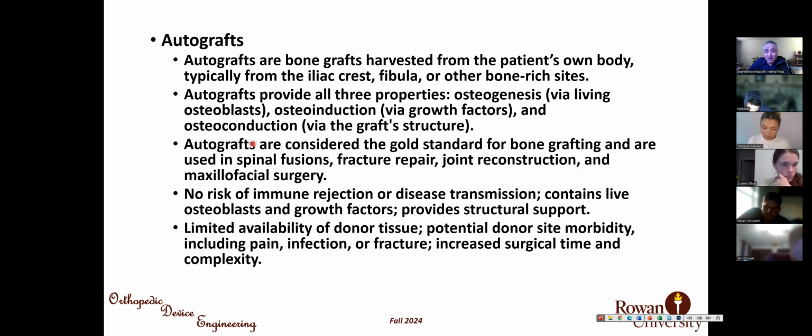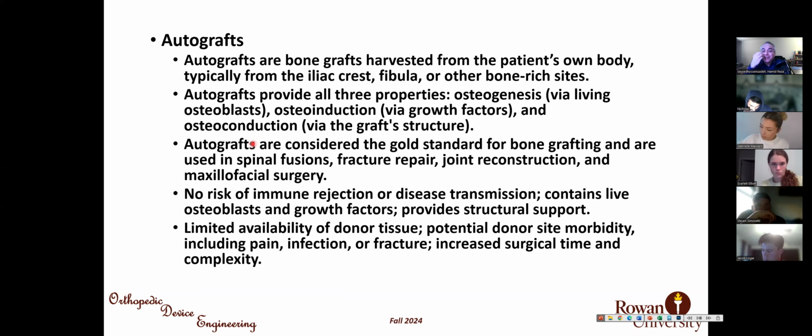They are the best grafts. They are the only graft that has the capacity of osteogenesis because they have bone forming cells that are alive and they can form new bone without relying on the surrounding bone.